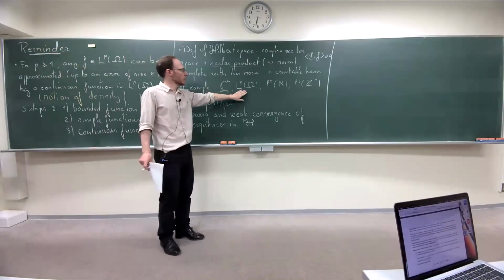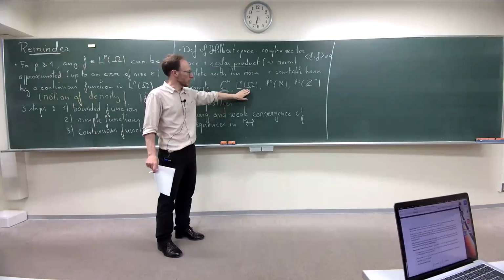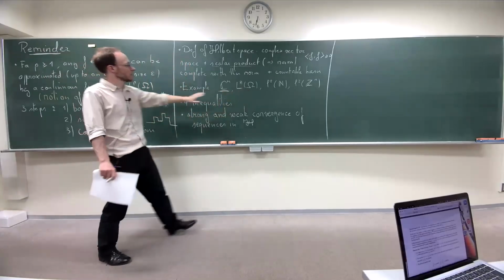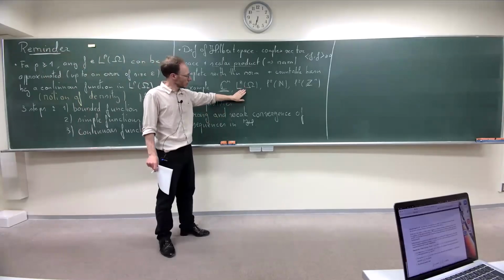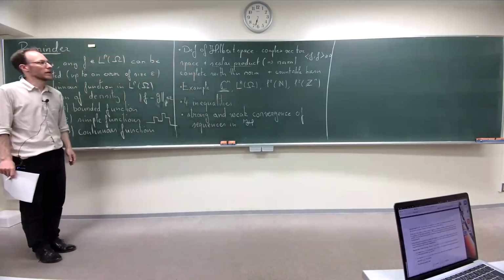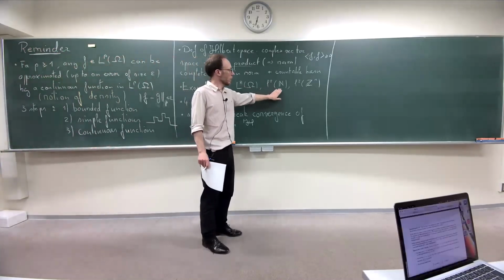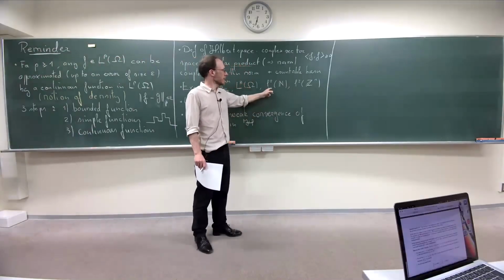Now this L2, the set of square integrable functions, so we define it when we define LP spaces, square integrable functions on a set omega. This is a subset of Rn. But you can also do small l2 of N or small l2 of Zn. These are sequences.